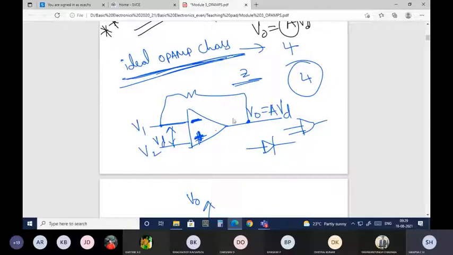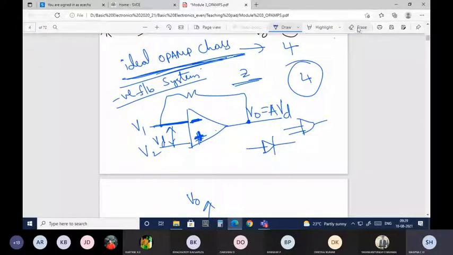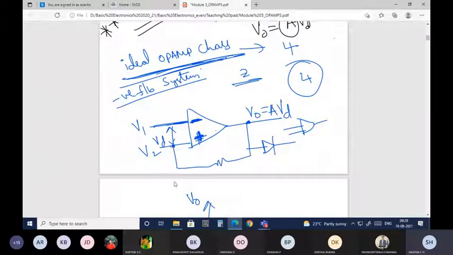If you observe, V0 is given to the non-inverting terminal. If the output V0 is fed as an input to the inverting terminal, then it is said to be a negative feedback system. Or you can give another feedback system, which is said to be positive feedback, where the output is fed as an input to the non-inverting terminal.